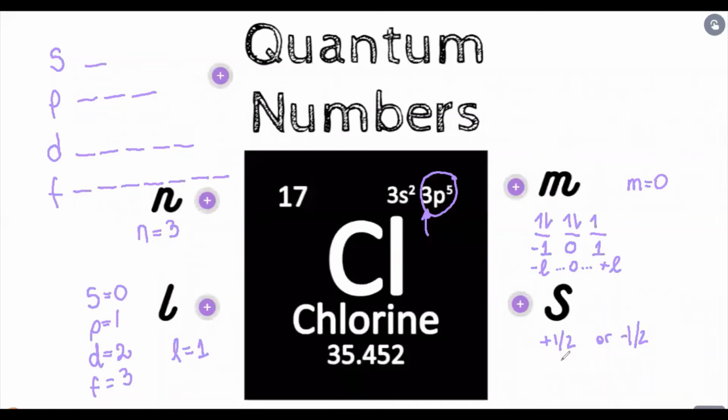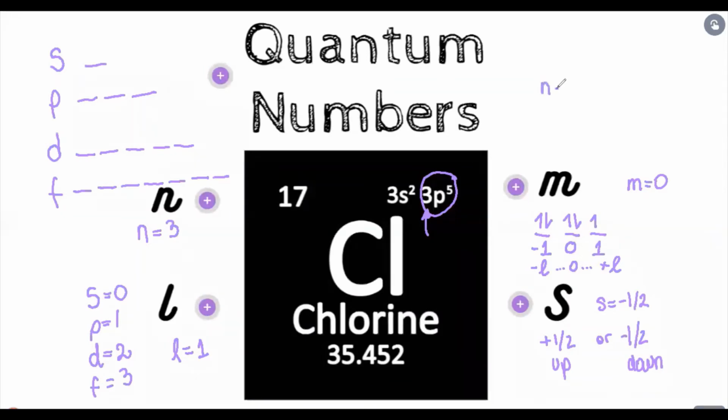If my S is positive, it means that my electron is heading up. If my S is negative, it means that my electron is heading down. In this case, if you pay attention, my electron is heading down. So S would be equal to minus 1/2. So there we go. We have the 4 quantum numbers to represent the differential electron for chlorine.